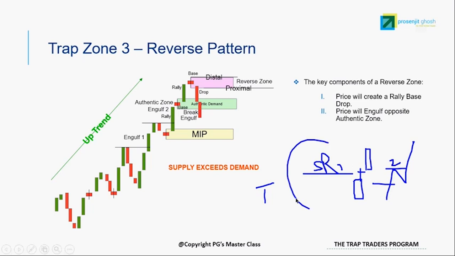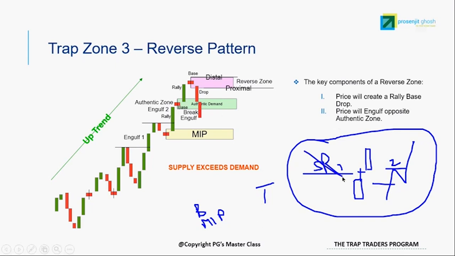So both these first two trap zones are made of support and resistances. I mean, without support and resistance, you cannot find a break limit zone. You cannot find a MIP. But for a reverse zone, you do not need SRs.